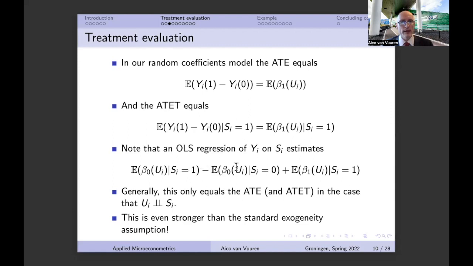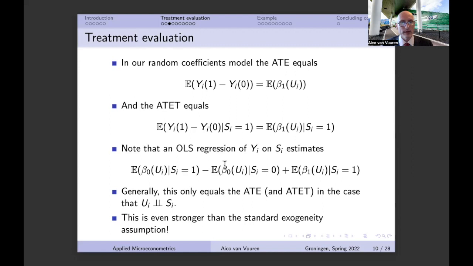That's only the case when U and S are independent from each other. Because if they're independent, I don't have to condition on S_i equal to 1, nor on S_i equal to 0. That means these two things are equal to each other, and therefore they cancel.